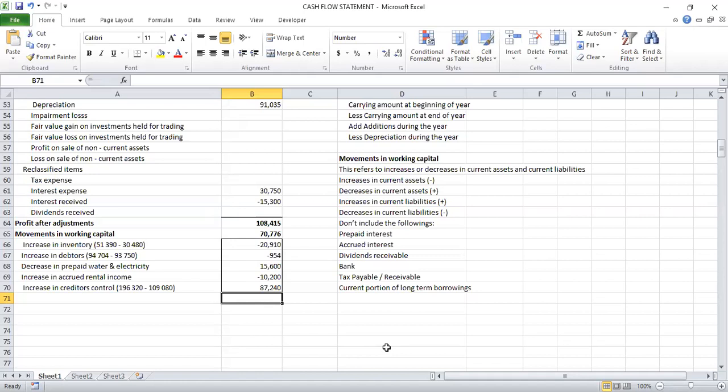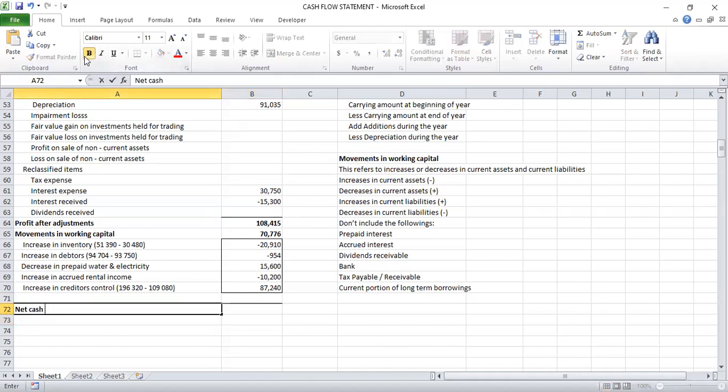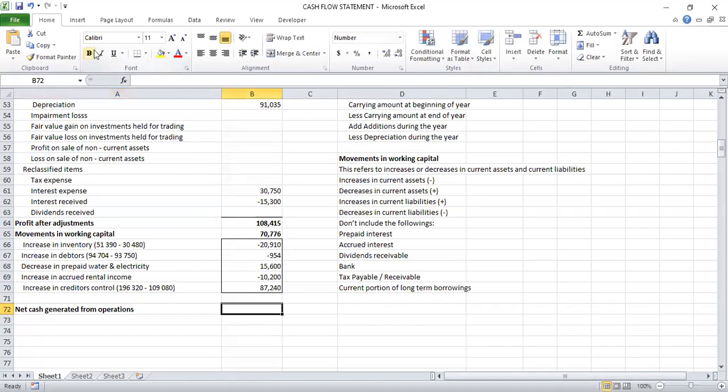Right. Then we get our net cash generated from operations.